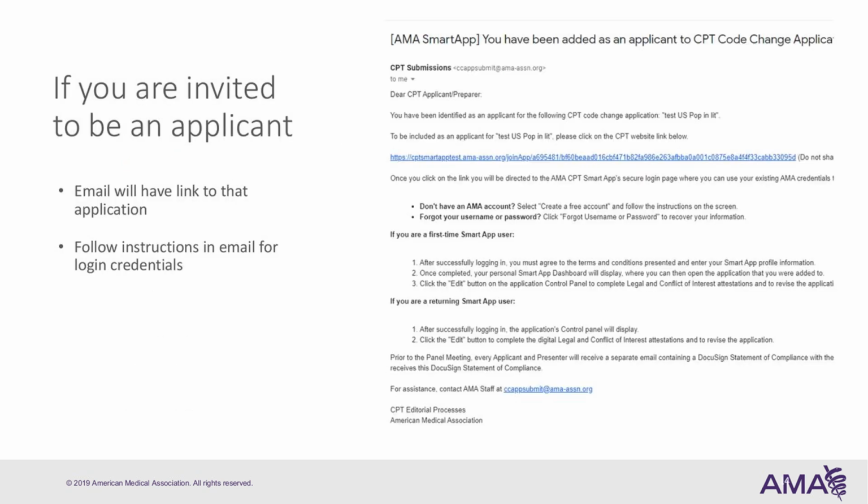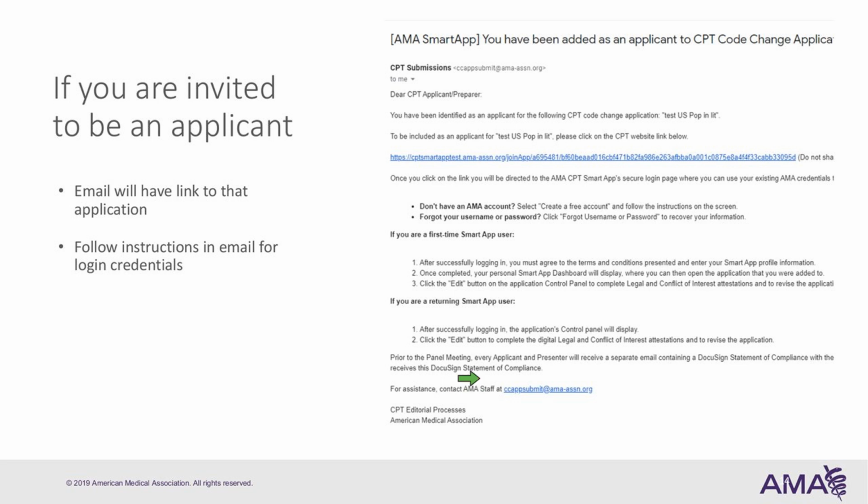This is a view of what the email looks like if you are invited to be part of the application. You get the link right at the top. You'll see that. And then we give you some information on how to register. And then we also give you this URL that's right at the bottom, or this email address.